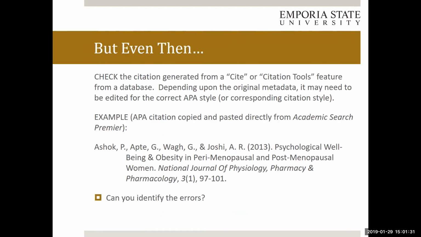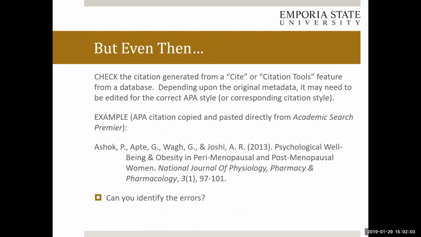Now, some of you may be used to using something called a cite feature or citation tools feature in different databases, such as PsycInfo, Academic Search Complete, other databases that we have through the library. Here's the thing, and this may have happened to you at one time or another. The database is actually not going to be intuitive enough to convert everything consistently into correct citation style, whether it be Chicago or MLA or APA.